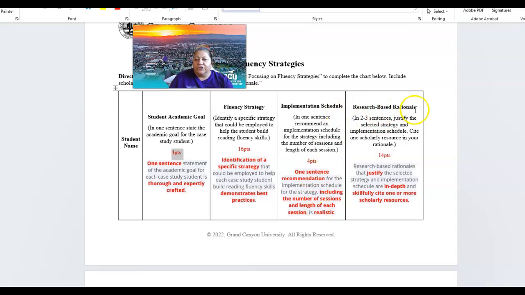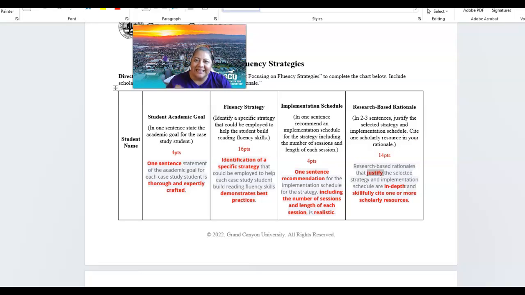In the research-based rationale, this one you also have to spend a lot of time, and this is 14 points, which honestly I think it should be more, but this is the 14 points here. You need to justify in depth and skillfully cite. So this is where you're going to use an in-text citation, not a quotation. You're not going to just put a resource.